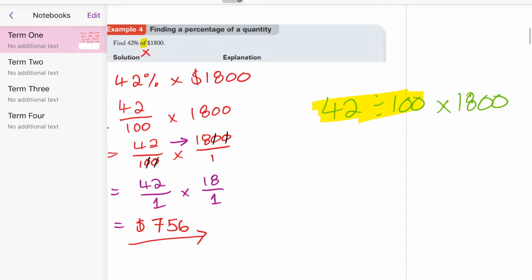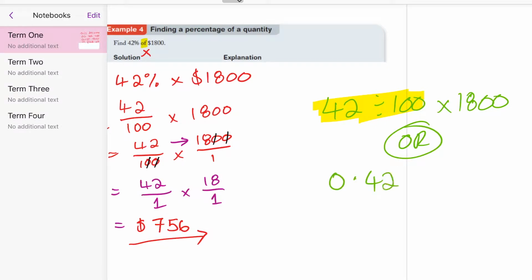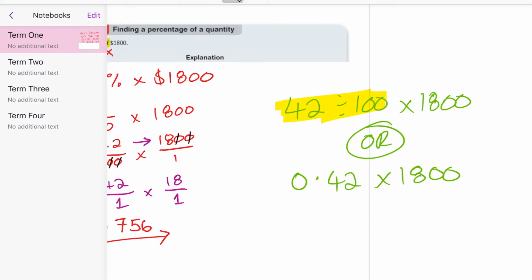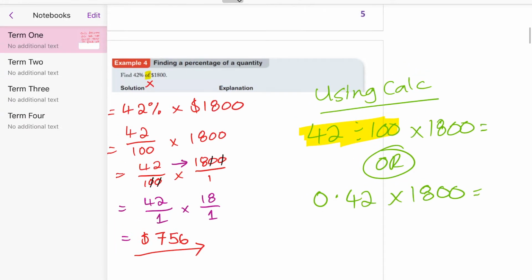If you already know what 42% is as a decimal, you could also just simply go 0.42 times 1,800. And you press equals, obviously, and you will get the same answer when using your calculator, okay? So that's my suggestion to you. Pick which way you feel more comfortable with, but it's simply just putting the whole thing in and getting your answer, and you should get the answer of 756.